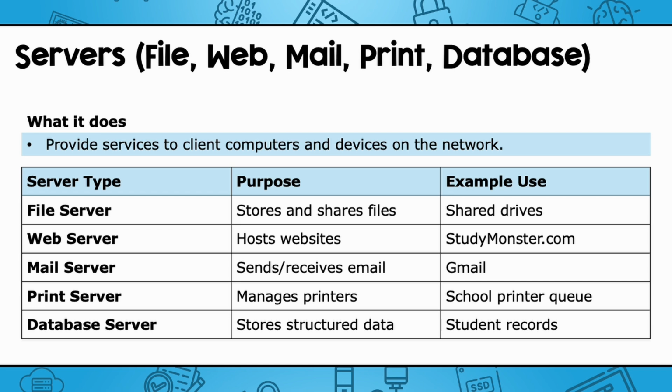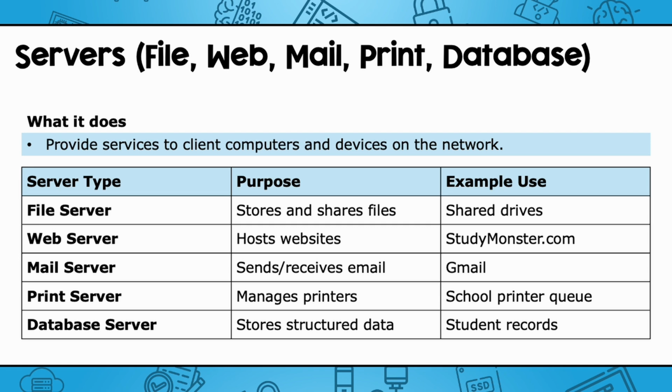We've got a table below that you can see. You might have a file server where you host all of your shared drives, all your files that your different employees can access from a centralized location. You've got web servers where you might host your company website so that people can access and download your website. Mail servers for sending and receiving emails.